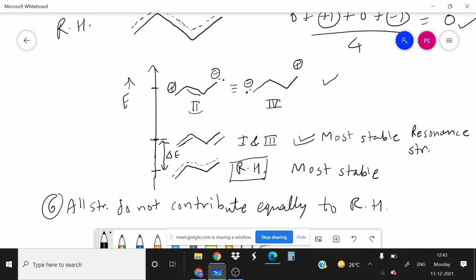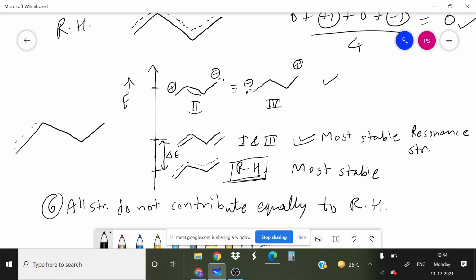Less stable structures, second and fourth. So you tell me, which structures contribute more to this resonance hybrid? First and third. First and third. Very good.